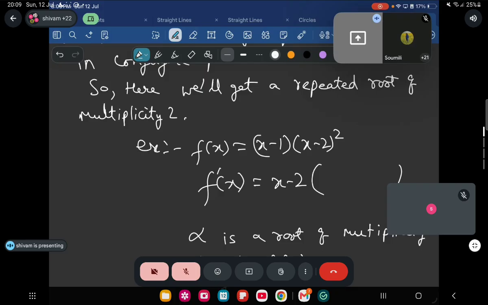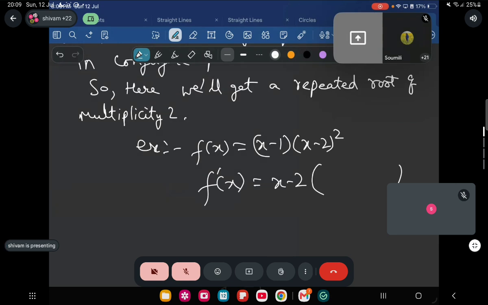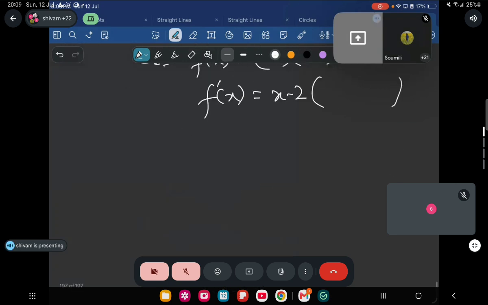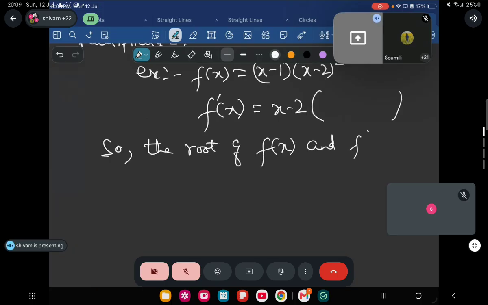It is k minus r. So over here also, when you differentiate once, x minus 2 will be there. So the root of f of x and f dash x will coincide.